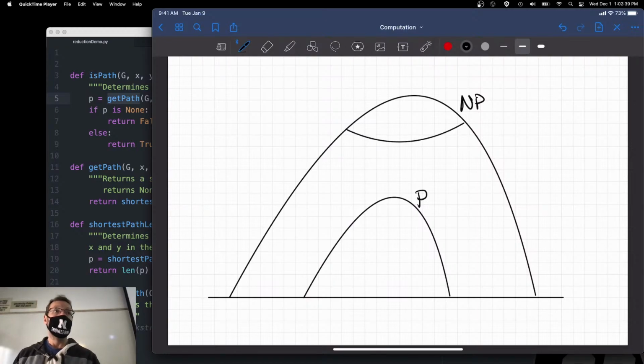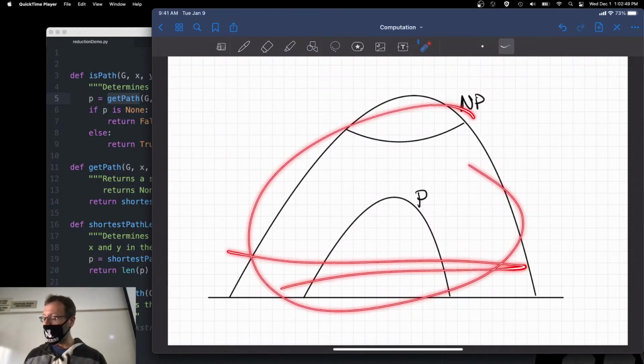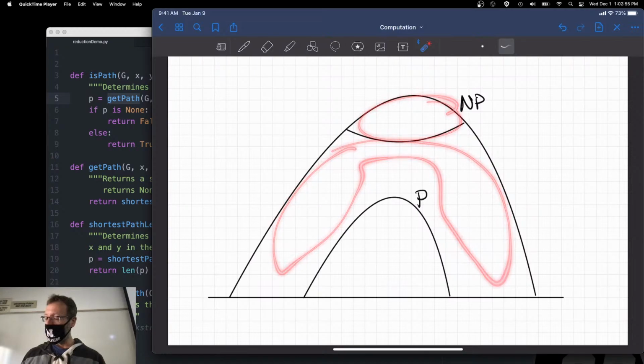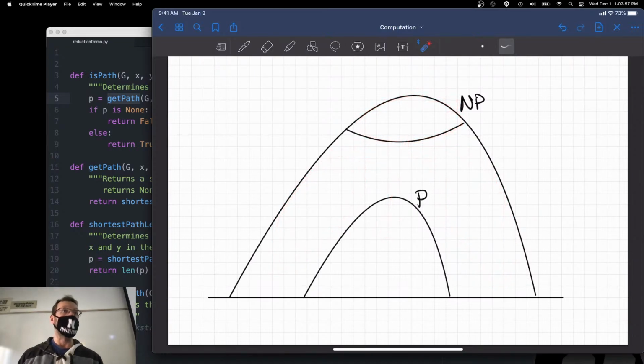Now remember, we don't know if P is equal to NP or not. If they're equal, of course, this entire thing would collapse down to just P here, and everything in here would be equal to P.